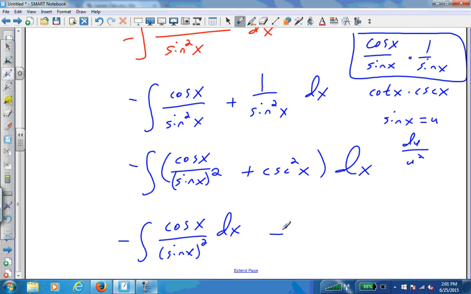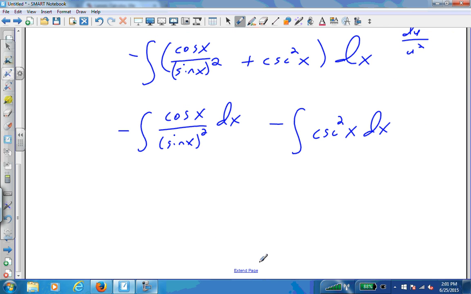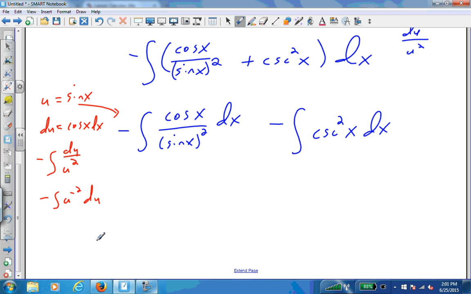So minus the first one, minus the second one. So for the first one, we said if u is sine, du, the derivative of sine is cosine. So that first one is du on top, u squared on bottom, or u to the negative 2 du.